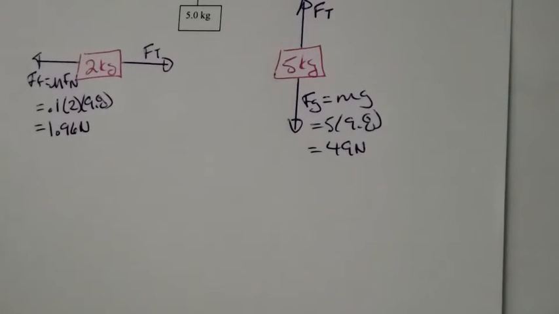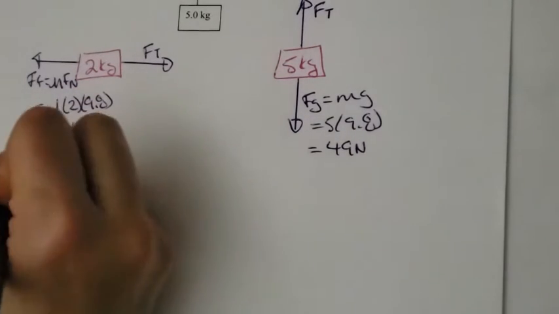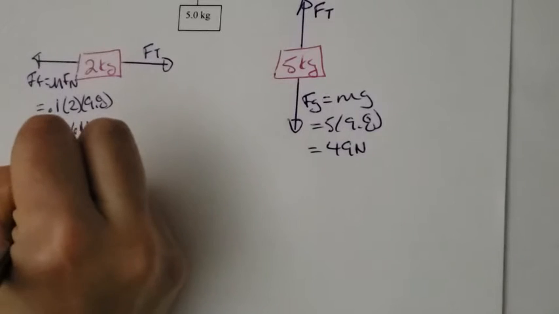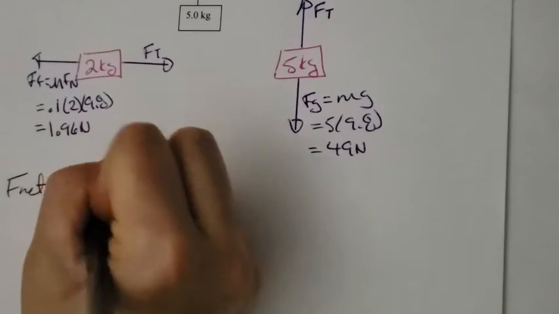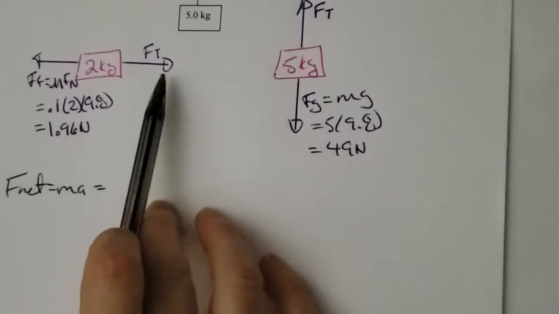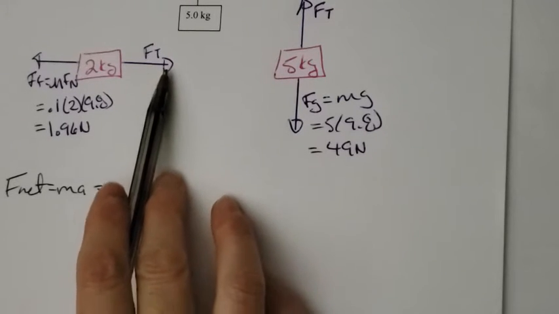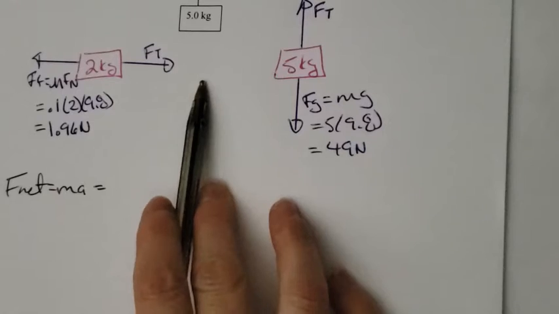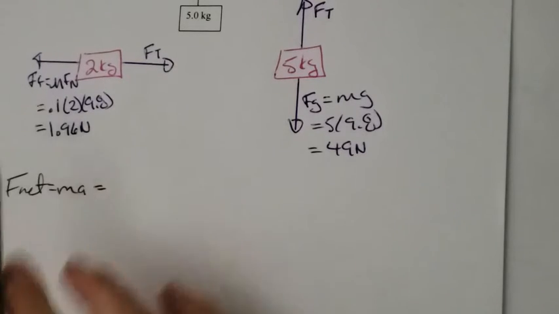Now what we're going to do is we're going to write out our Fnet formulas for each of them. So in this one here, I know that Fnet is equal to ma, which is equal to the sum of the forces. Now, you know you're always going to write the bigger one first. And this object's moving to the right. That means tension is bigger than friction.